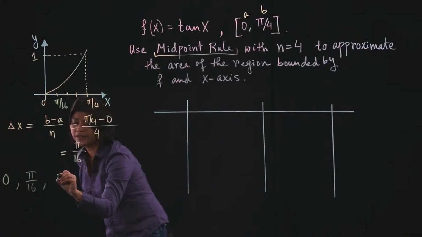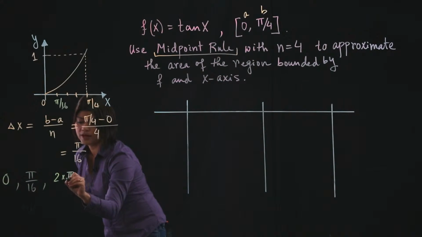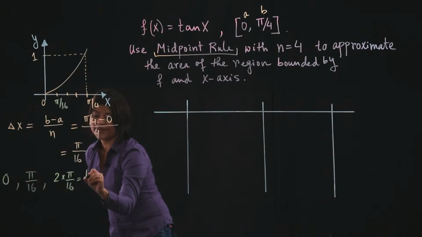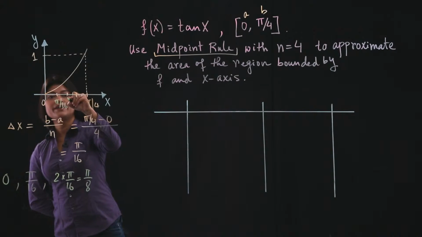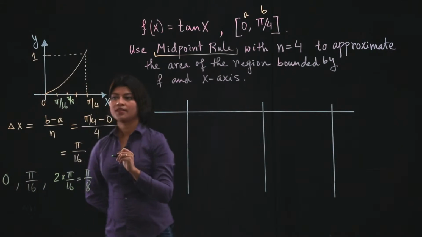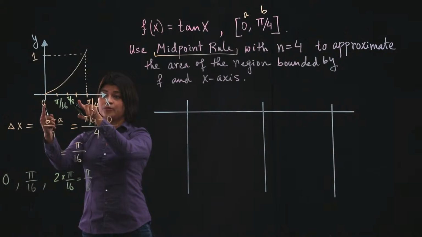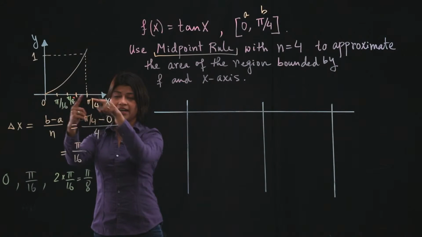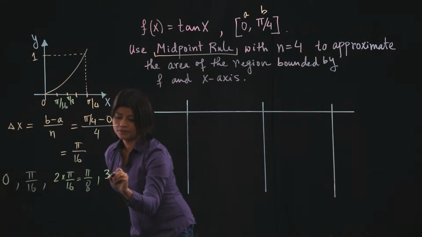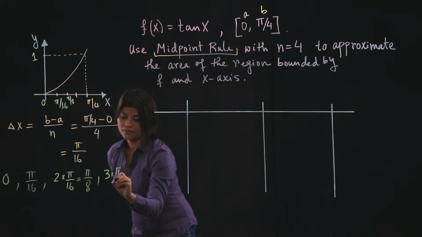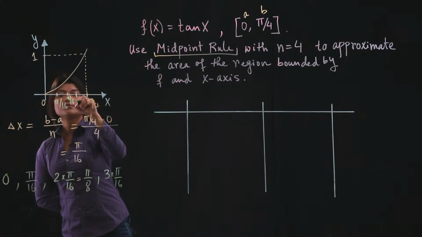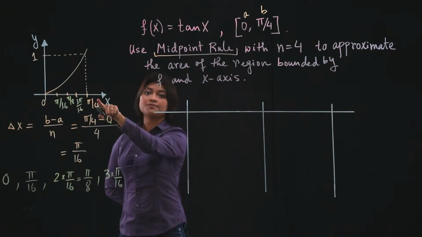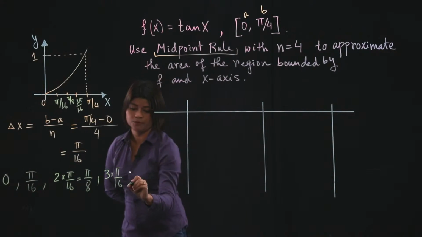So the next one will be 2 times pi over 16, which is same as pi over 8. Okay, so this one is pi over 8. The following one, of course, is 3 times pi over 16. So this one is 3 pi over 16. And the last one is 4 pi over 16, which is pi over 4.